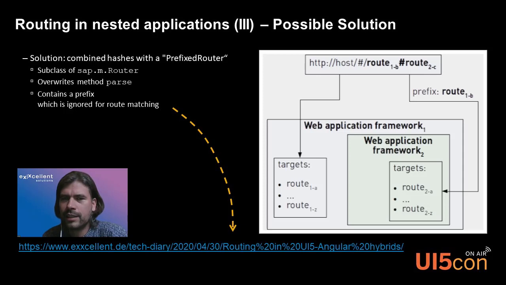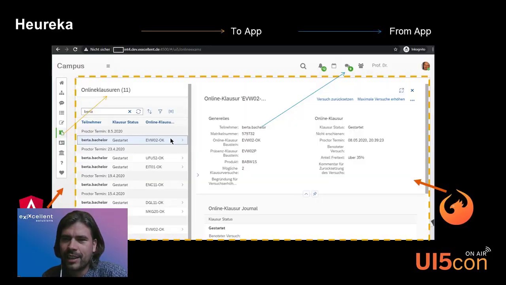This works fine, and if you want to know how it works in detail, there's a link. My colleague wrote it all down, and it's, I guess, easier to follow there than to explain here. But overall, this route thing is solved in this way. And we had no conflicts, and it worked.